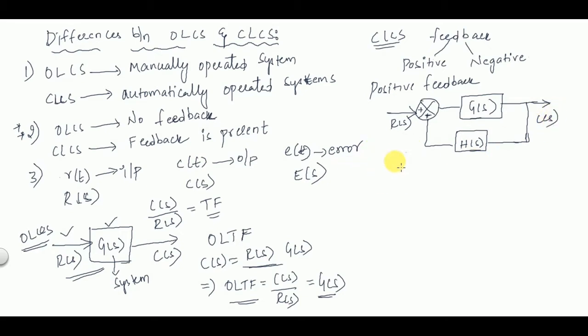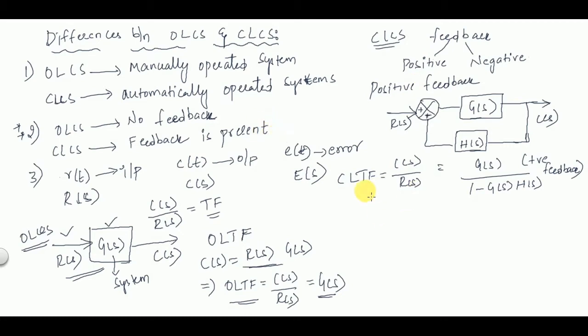So C of S by R of S is given by G of S by 1 minus G of S into H of S. This is for positive feedback, and this is called the closed loop transfer function, because this is for a closed loop control system.